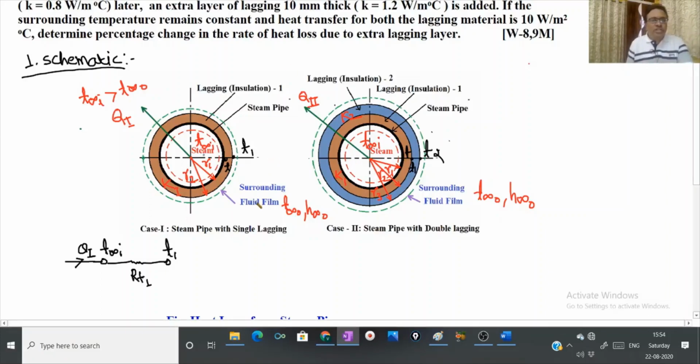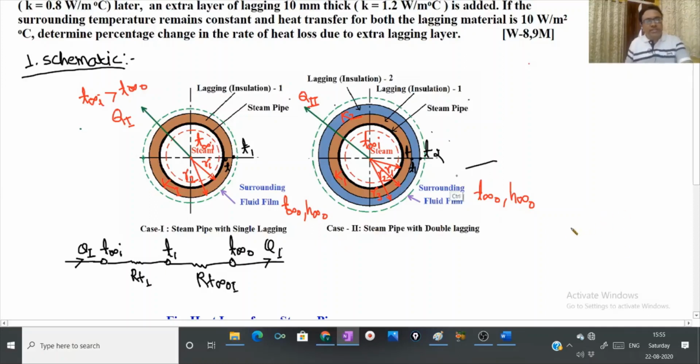So thermal resistance RT1 will be offered between temperature T infinity I and T1 by insulation material 1. Then the second thermal resistance will be offered between temperature T1 and T infinity O by the surrounding fluid layer, and it will be the convective thermal resistance RT infinity.